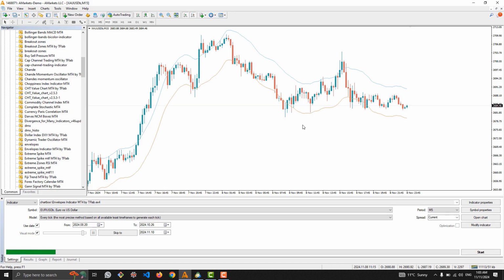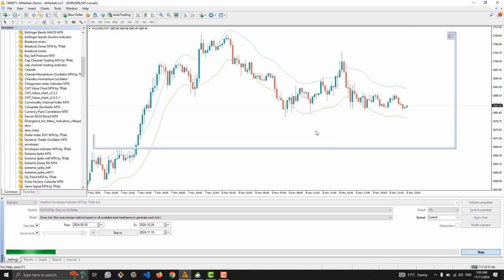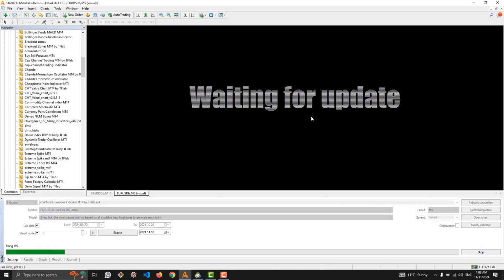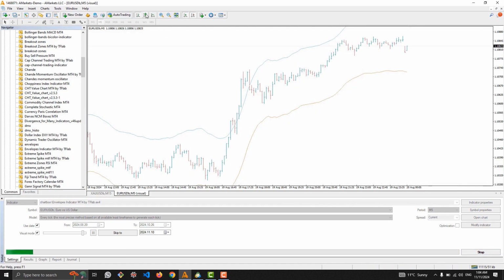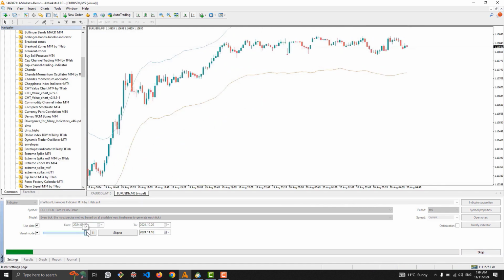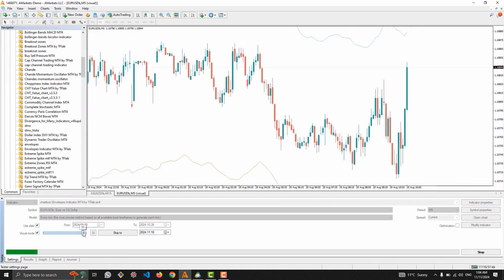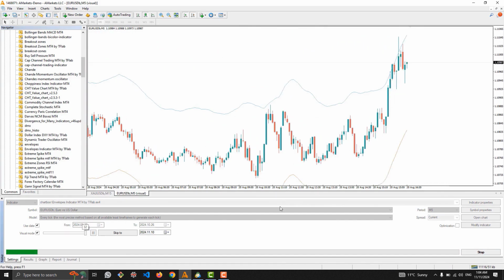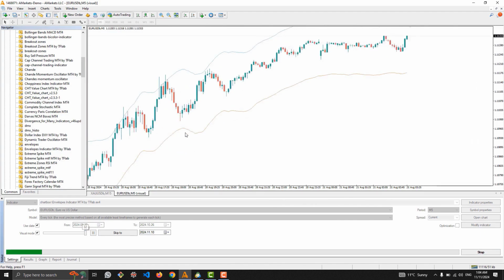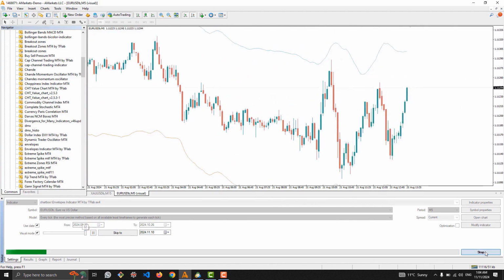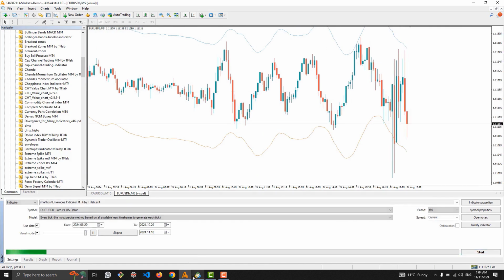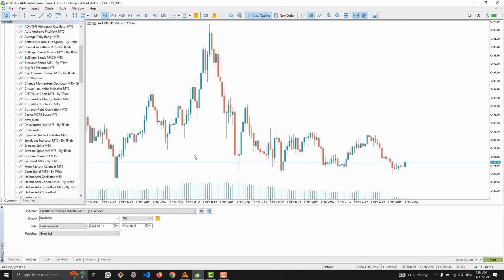Let's see the live test of this indicator together on the MetaTrader 4 platform. We can definitely also use the MT5 version of the indicator on the MetaTrader 5 platform.